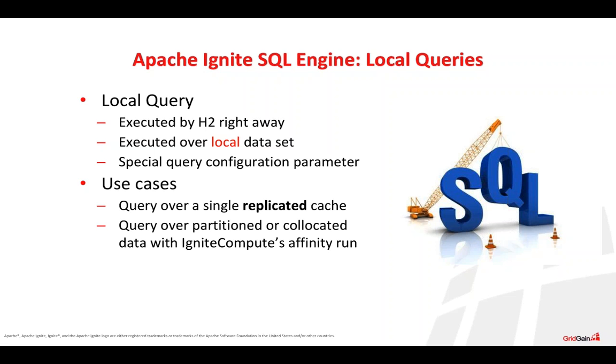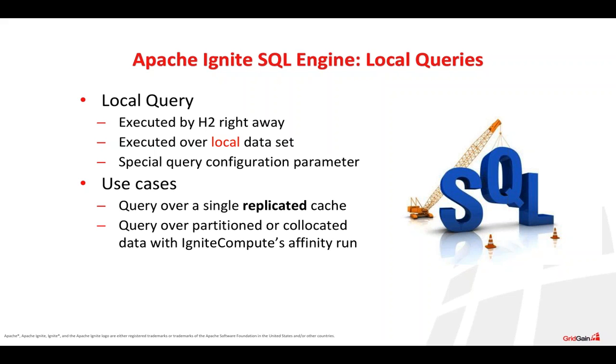When you execute a local SQL query, the query will not use Ignite's distributed reducer or mapper or other components that are needed to make sure that a query executed in a distributed fashion returns a complete result set. When you execute a local SQL query over Ignite, the query is basically moved directly to the H2 database and executed by it over the local data set.